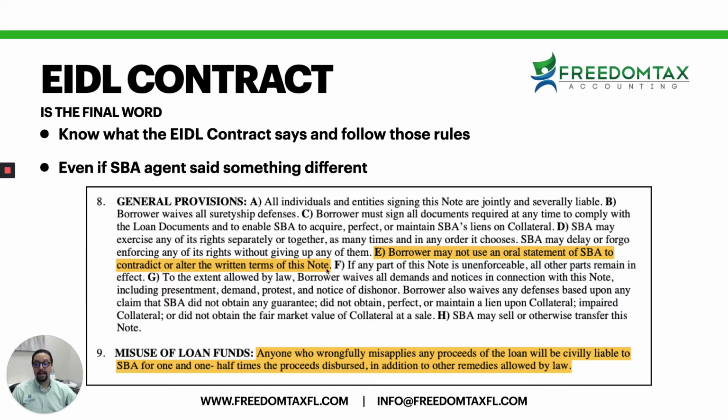That means that if the SBA agent you talked to over the phone told you one thing, and then the SBA tells you no, but that's not what's in the contract, you cannot tell them, but the SBA agent told me this. This is the way the SBA is protecting themselves, saying whatever this contract says, those are the rules, okay?